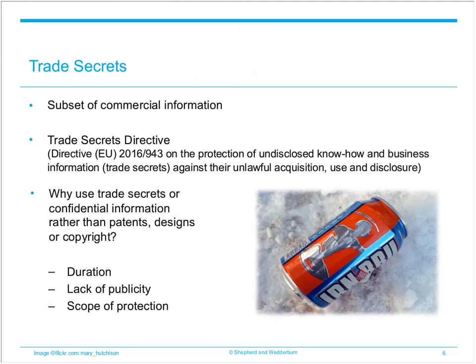The law covers information which is secret in the sense that it's not generally known among or readily accessible to people within circles that normally deal with the information in question, has a commercial value stemming from the fact that it's a secret, and it's subject to reasonable steps by the holder of the information to keep it secret. For example, you may have heard the story of Irn-Bru with its secret recipe known only to 3 people who apparently never travel on the same plane, just in case.